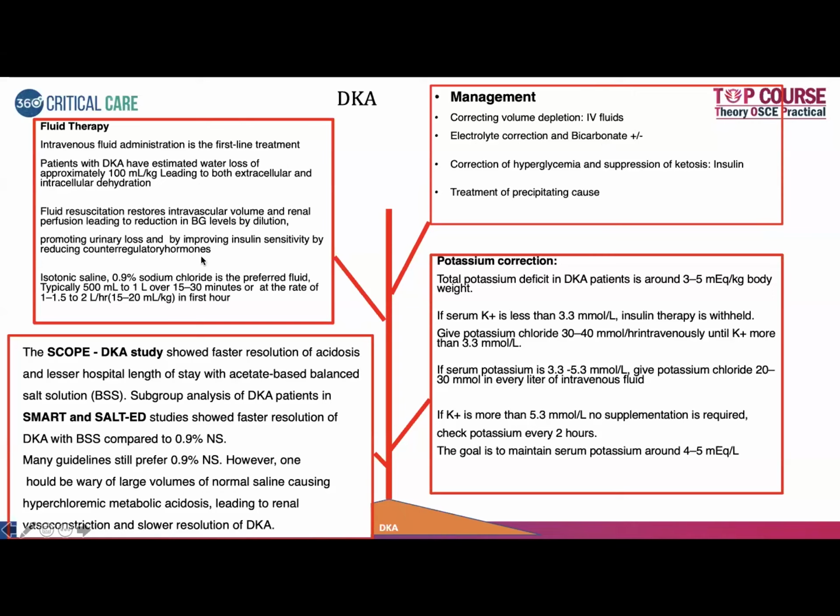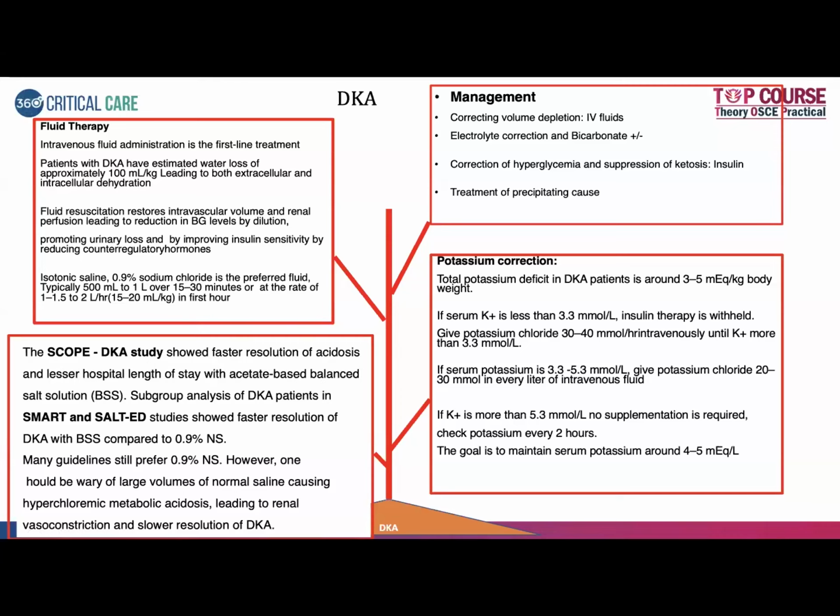Most of the guidelines have recommended 0.9% sodium chloride. But the problem with large volume resuscitation of normal saline is that we are more worried about the hyperchloremic acidosis, and about the AKI. As per the SCOPE DKA study, balanced salt solutions have shown faster resolution of acidosis and lesser length of hospital stay.